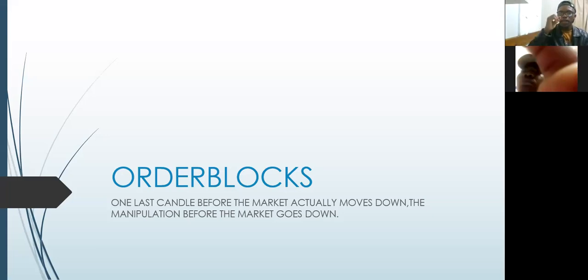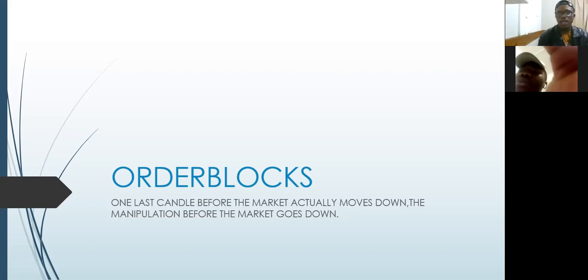But before the last candlestick, we experience the candlestick and there is this special move we need to observe so that we can say this is an order block. And that order block assists us to identify the future moves of the market, the future direction of the market.